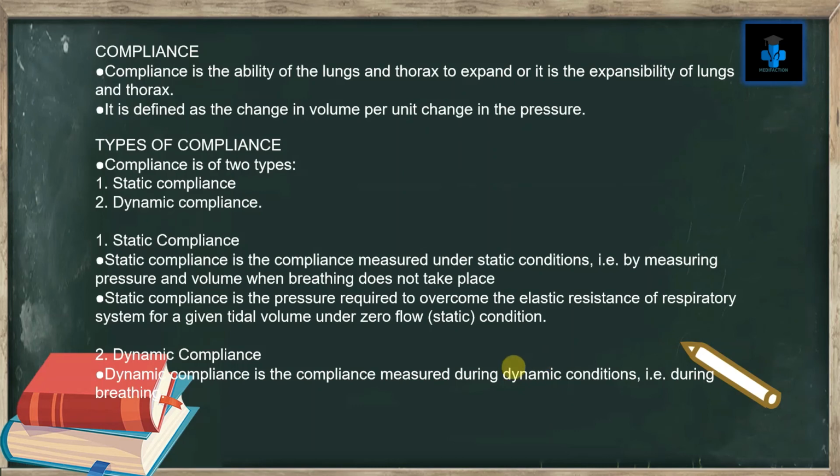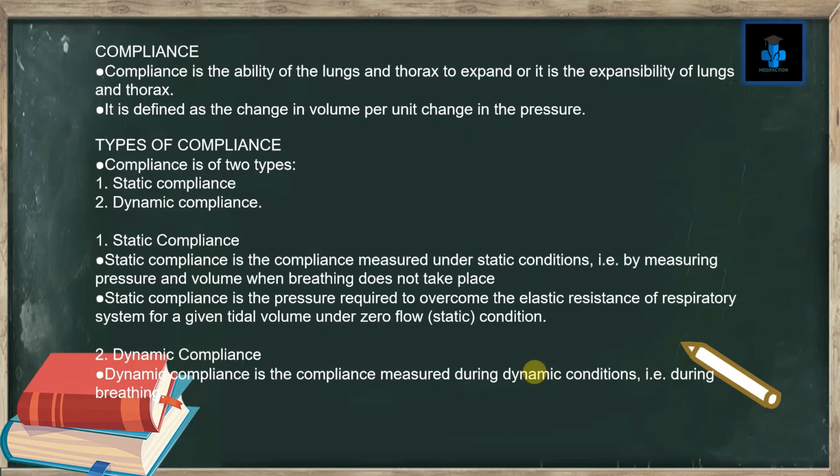Compliance. It is the ability of the lungs and thorax to expand, or it is the expansibility of lungs and thorax. It is defined as the change in volume per unit change in the pressure. Types of compliance. Compliance is of two types, static compliance and dynamic compliance. Let's learn about static compliance.